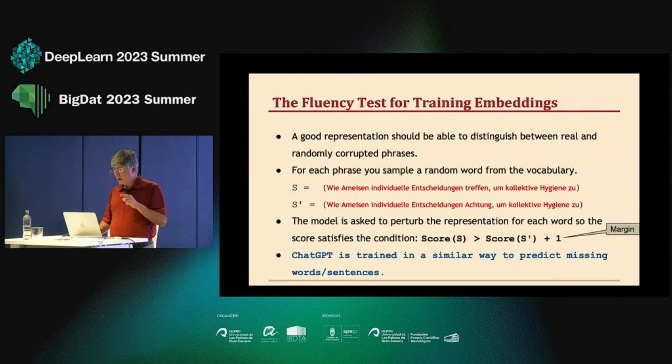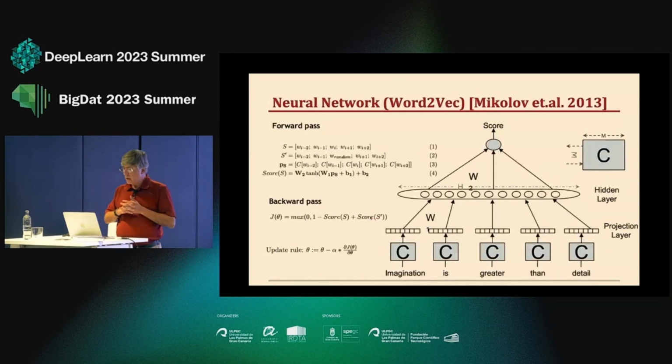By doing this kind of thing, this gives you a way to construct negative examples. And if you can build a model that can tell the right one from the wrong one, clearly in the course of training that model, it's got to learn a lot about the language. And this is the idea behind word embedding models. Any questions about this?